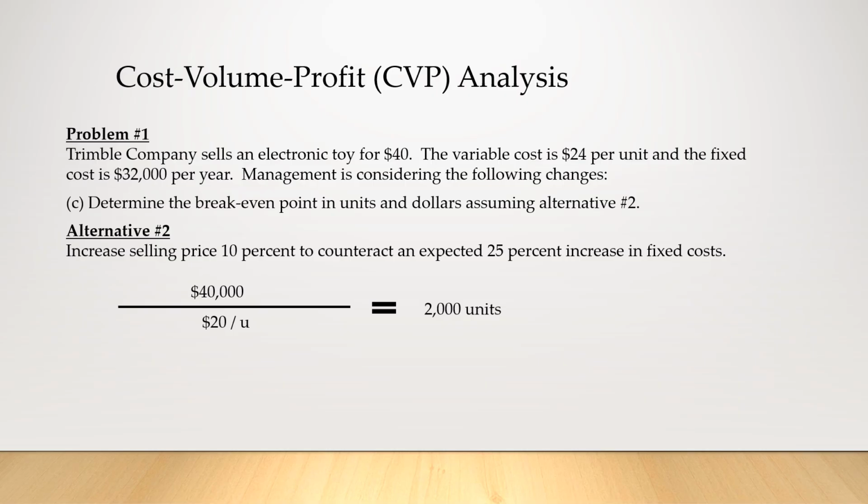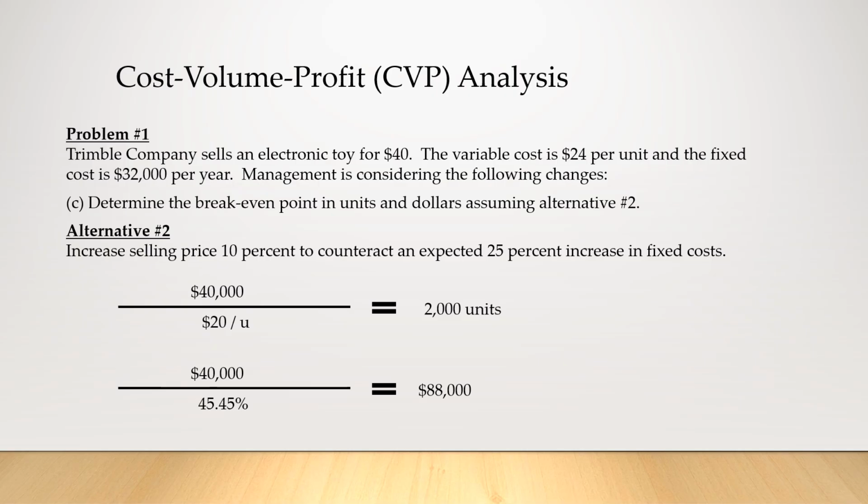The break-even point in dollars is the fixed cost divided by the contribution margin ratio, fixed cost still being $40,000. The contribution margin ratio is the unit contribution margin expressed as a percentage of the sales price, or 45.45%. The break-even point in sales dollars, $88,000.